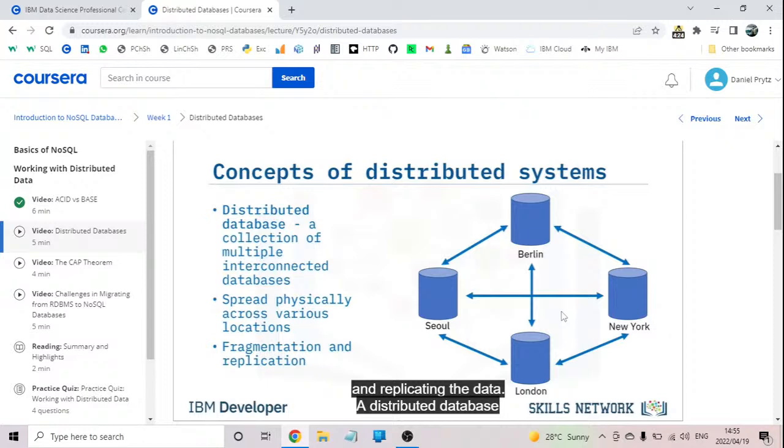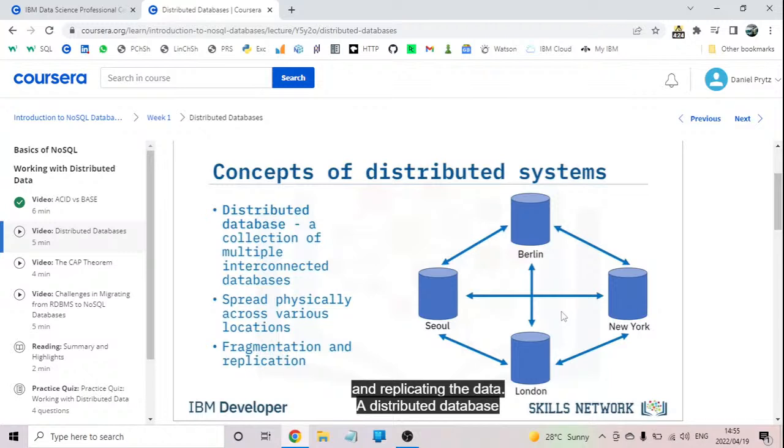And we have London. And data travels between them. Data is distributed between them, back and forth. Okay, so there we go.